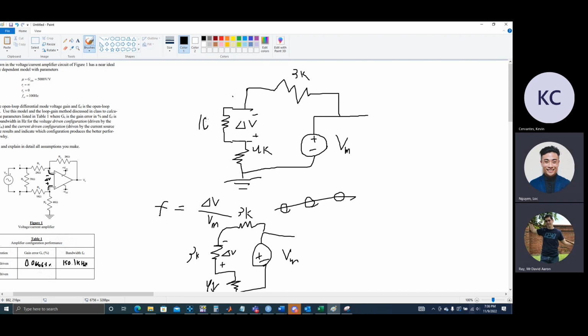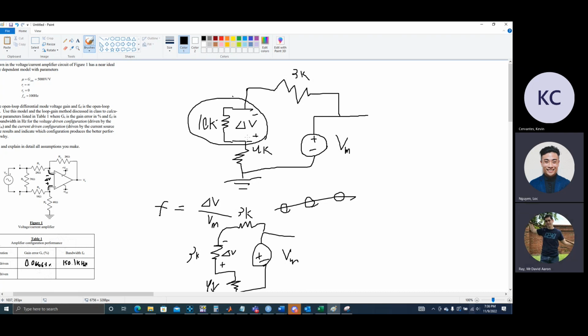That's going to be your 10K. And so your delta V would be VM times 10K over the 10K plus the 4K plus the 3K.